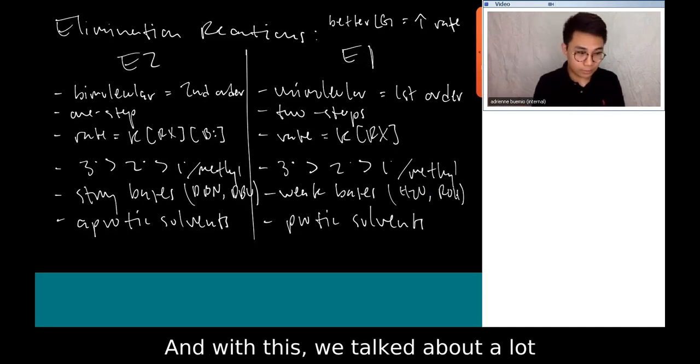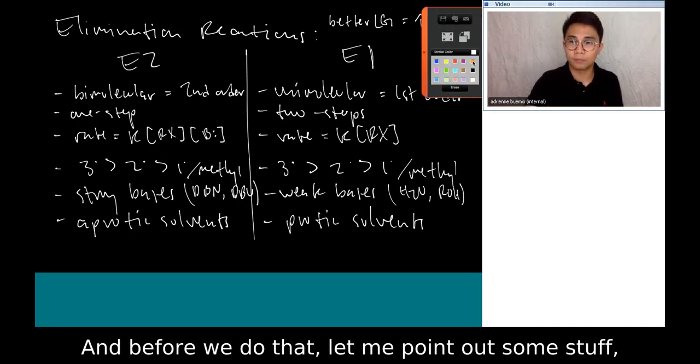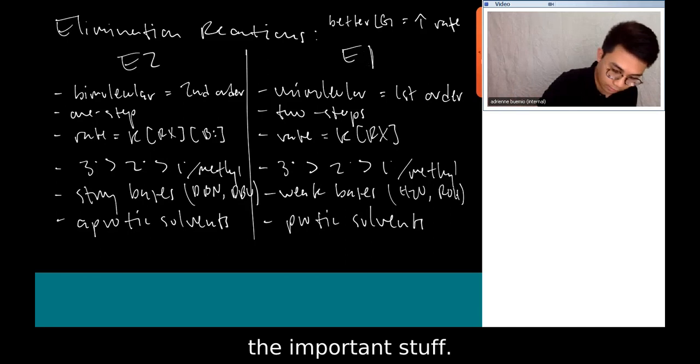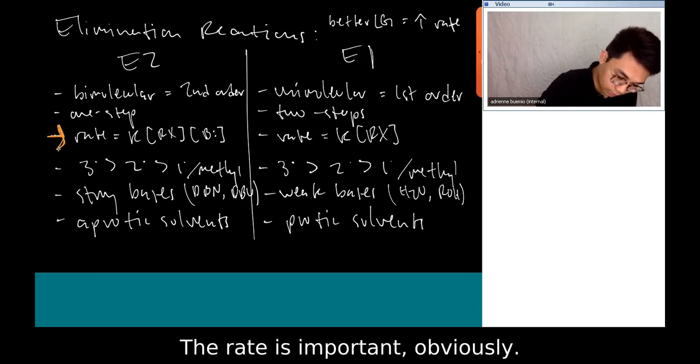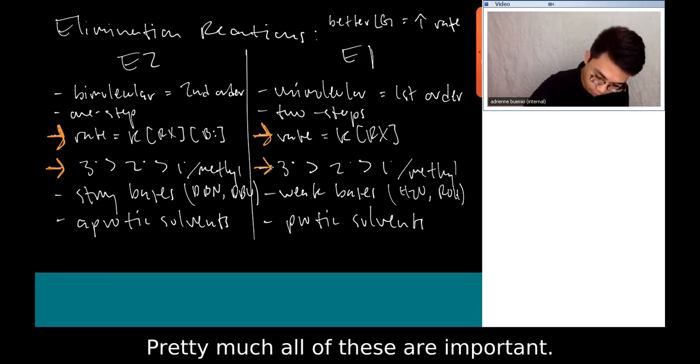And with this, we talked about a lot of comparing nucleophiles or substitution with elimination. Before we do that, let me point out the important stuff. The rate is important, obviously. Pretty much all of these are important.